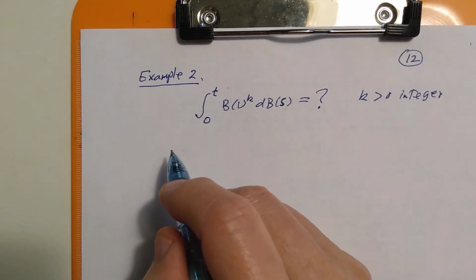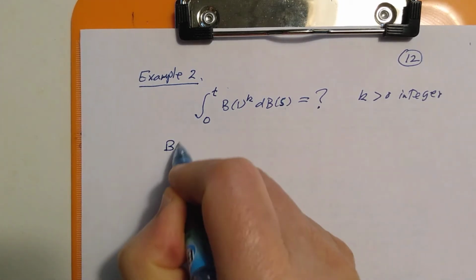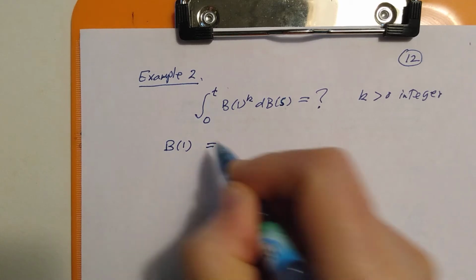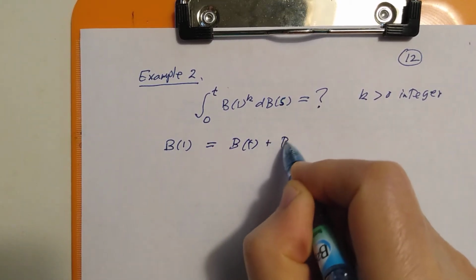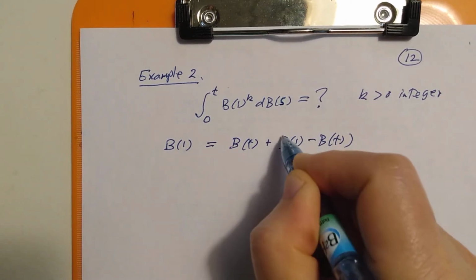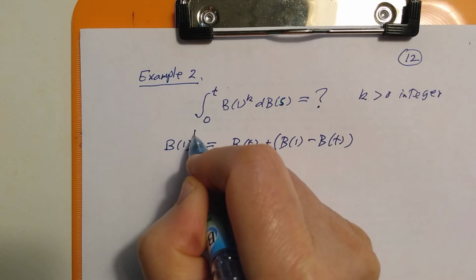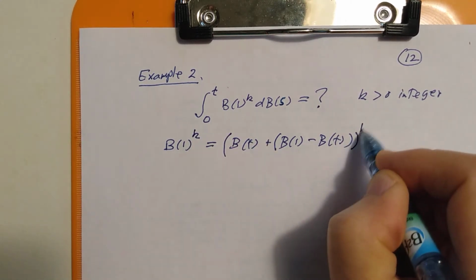Okay, so again, B_1 is decomposed into B_t plus (B_1 minus B_t). And then to the power k is just this to the power k.